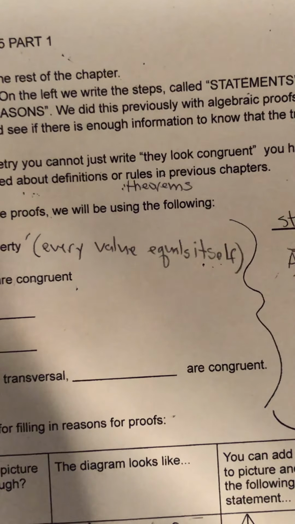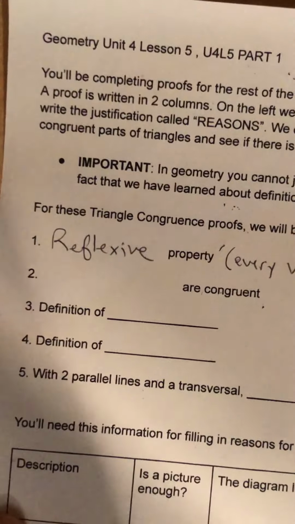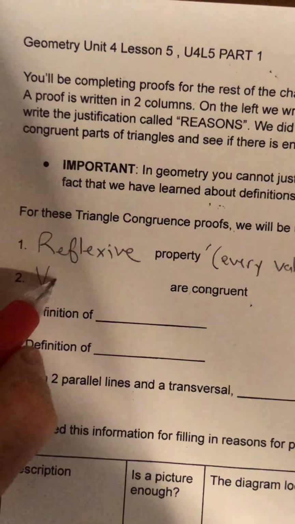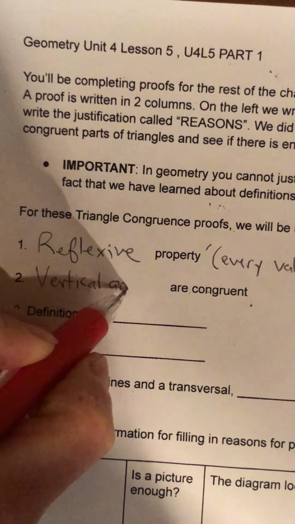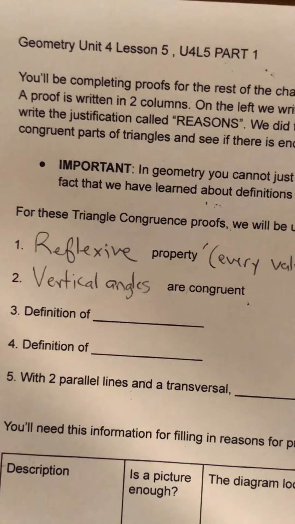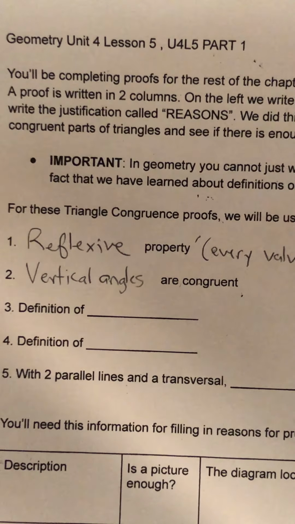But here's one place where we're going to use that something is equal to itself. And the other one, the second one, is that vertical angles are congruent. This we've been talking about a couple times already. As reminders, we did it last week. Found some vertical angles that were congruent.